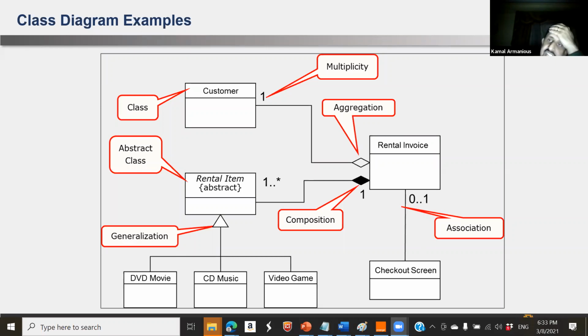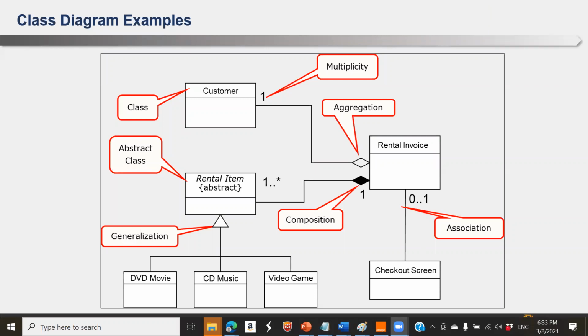So, in English, Muhammad, can you tell me what is the story of this class diagram? Don't use any object-oriented or C++ language. It's a rental store where the customer rents a DVD or CD or video game. Yes.